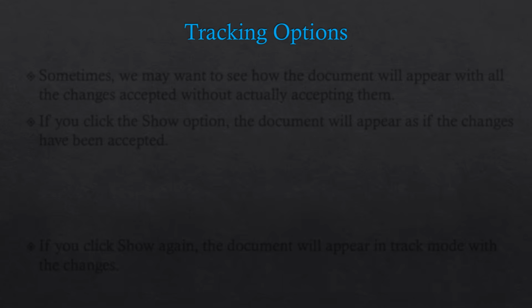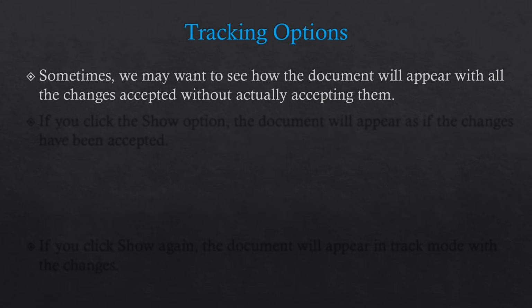Now suppose that you do not want to actually accept all the changes at one go. You first want to see the appearance of the document with all the changes accepted, but you do not want to accept the changes actually. So for this, the Show option can help you.